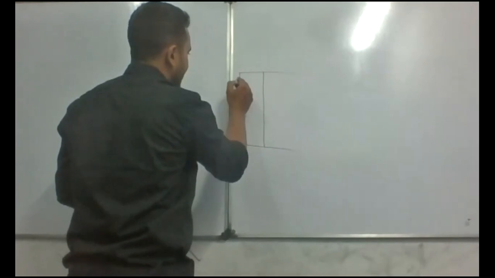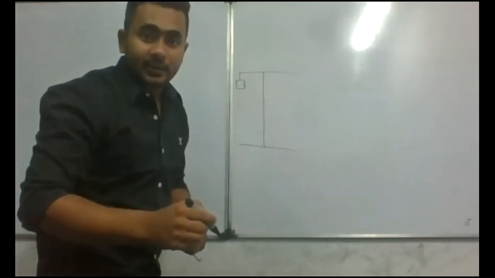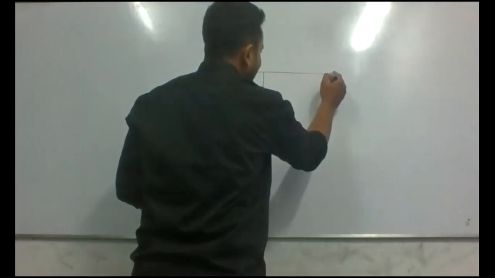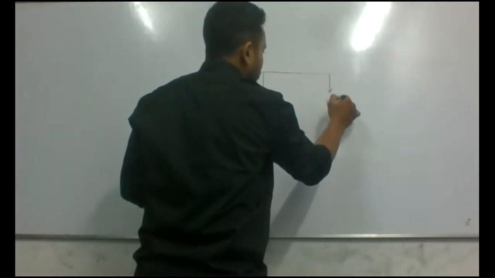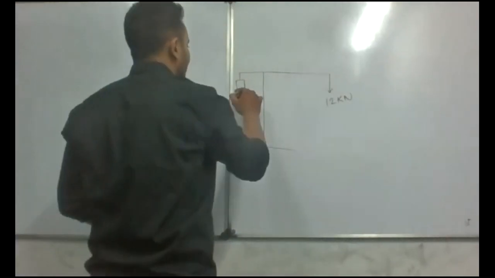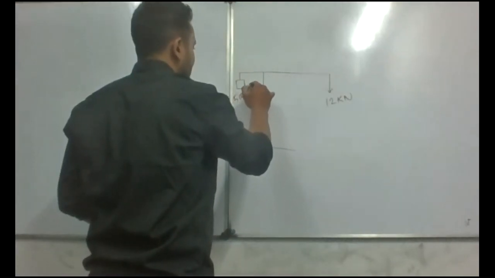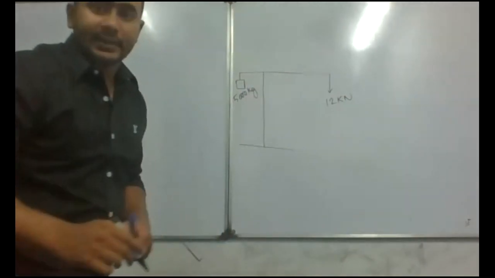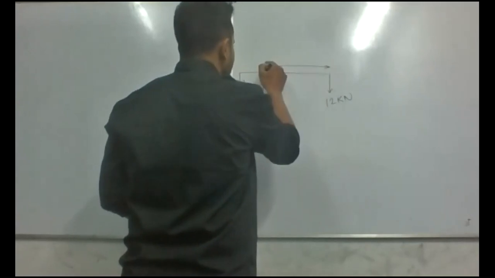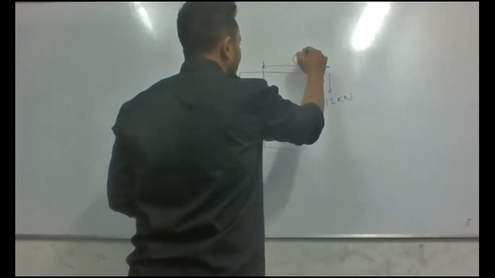And তারা কি করেছে এরপর 12 কিলোনিউটনটাকে হ্যাং করেছে কতটুকু একটা সার্টেন ডিসটেন্স। That's 12 kilonewton, and this one having a mass of 5,000 kg. And the distance is 17 meters. This one, that distance is 17 meters from the pivot.